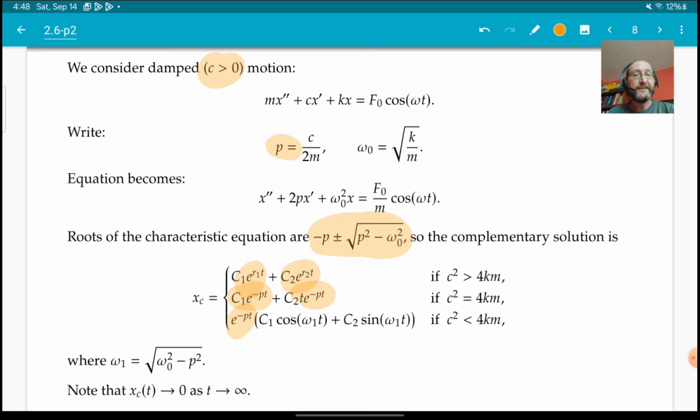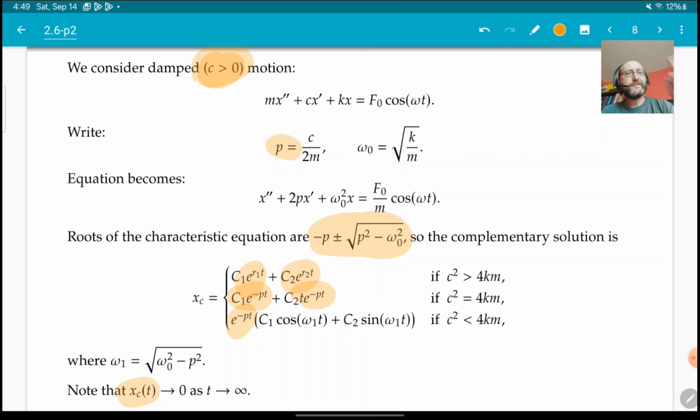That means that this complementary solution goes to 0 as time goes to infinity. That's really because there is damping, and that makes sense. If there's friction, whatever the system was doing, eventually it slows down and settles to rest. It stops moving at infinity, but that's a mathematical approximation anyway. For very large t, it will basically not move for all practical purposes.